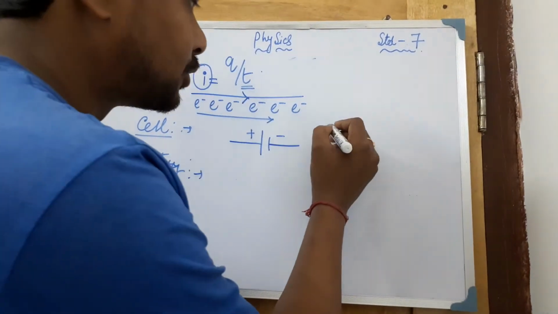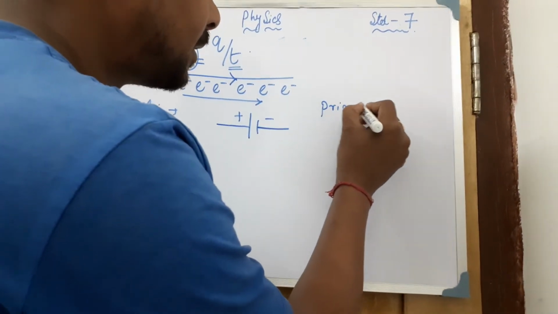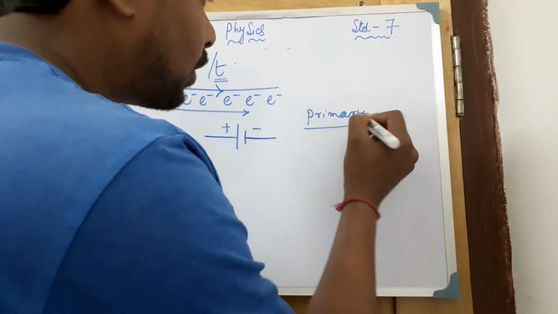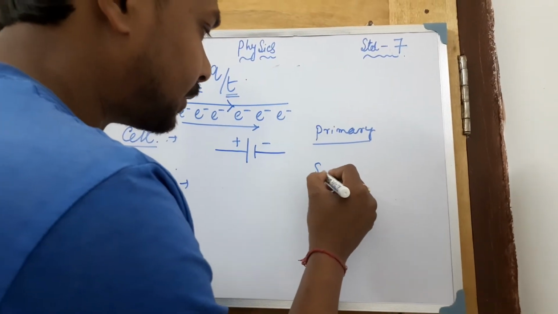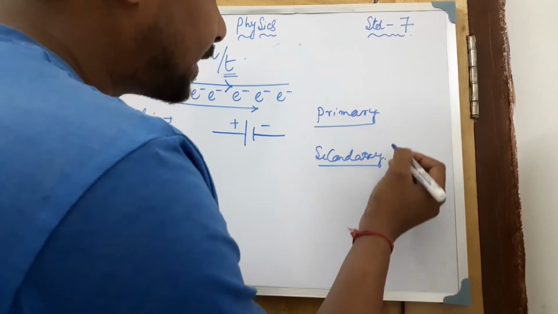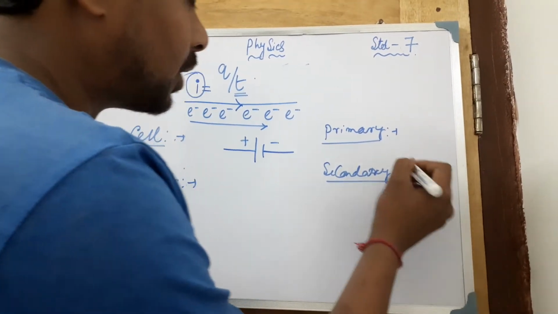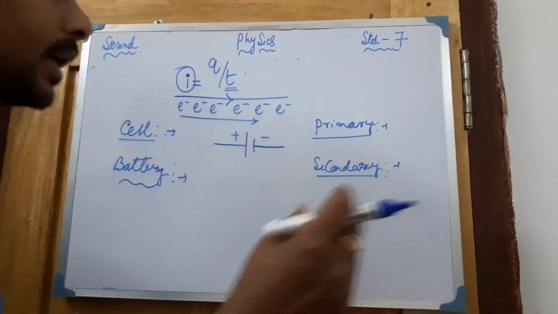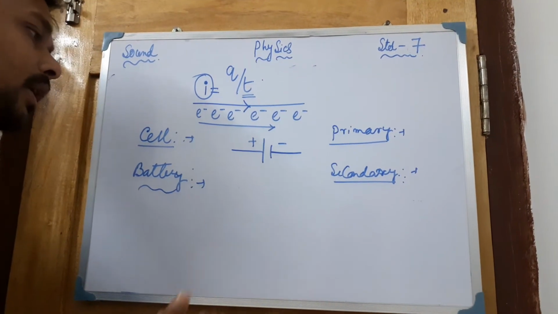There will be two types of cell. One is called the primary cell, and one is called the secondary cell. So, primary cell and secondary cell, what is the difference between these two? A primary cell is a one-time chargeable cell.